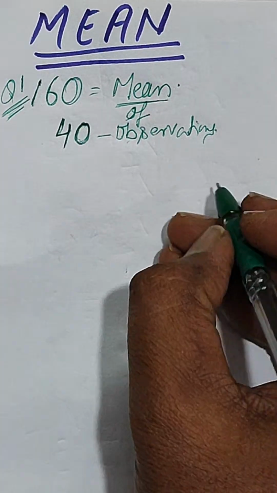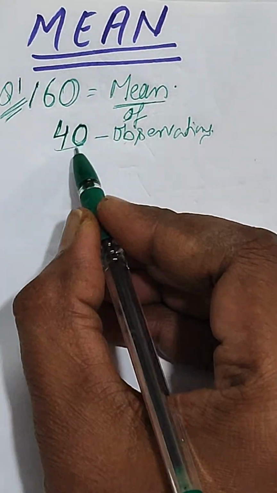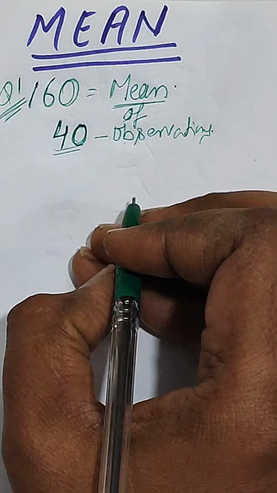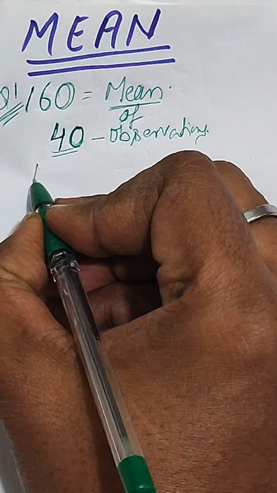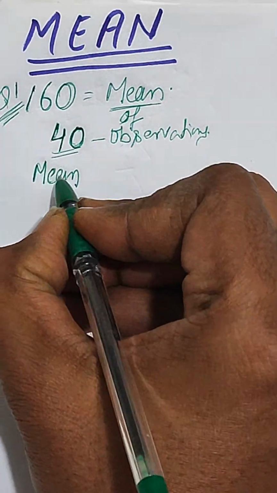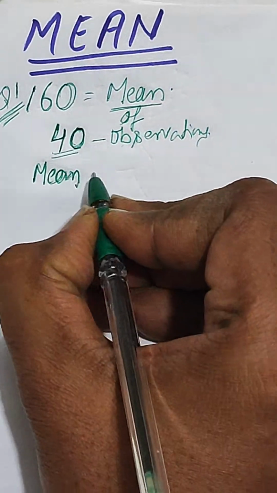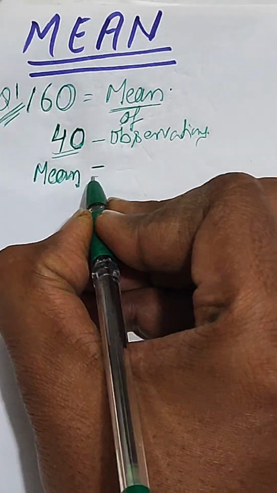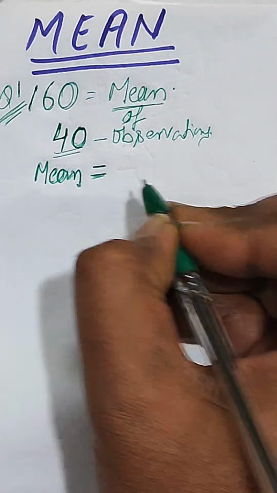That means when there are 40 observations, then definitely we know the formula of mean. Mean is nothing but the sum of observations divided by the number of observations.